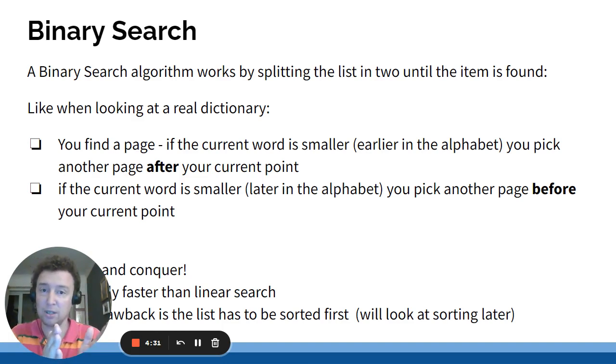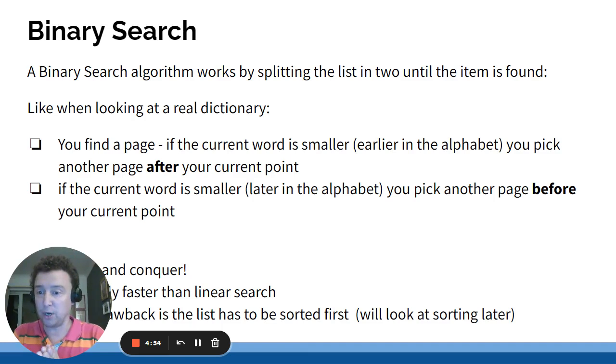If it's higher than our target, then we can discard items 3, 4, and 5, and then focus on items 1 and 2. So we're halving the size of the search list every time we perform a binary search pass. Imagine it a bit like a dictionary.